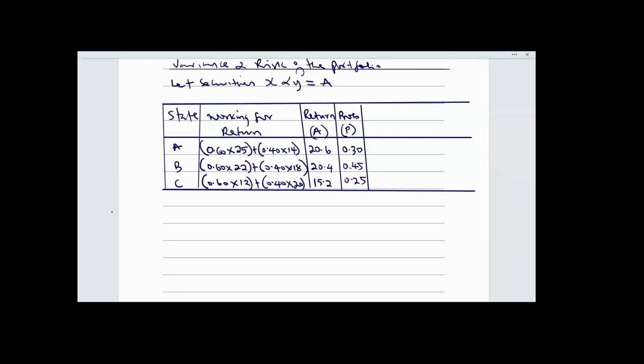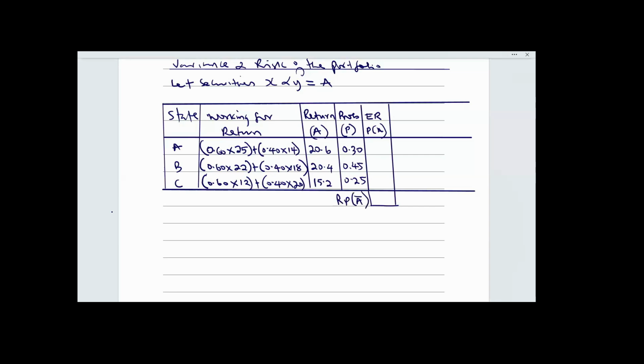Therefore, expected return is P multiplied by A. So this will then be the return of the portfolio, that is A bar.